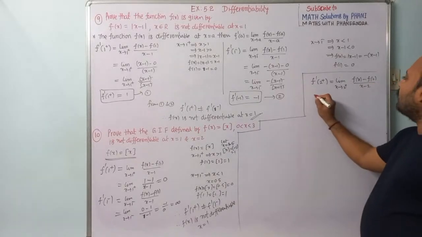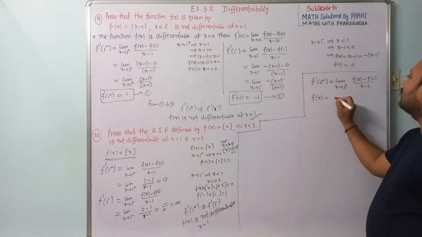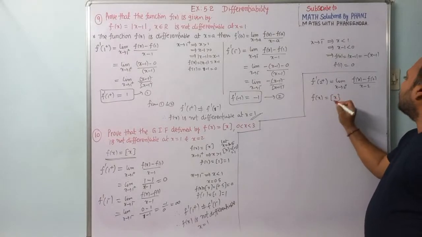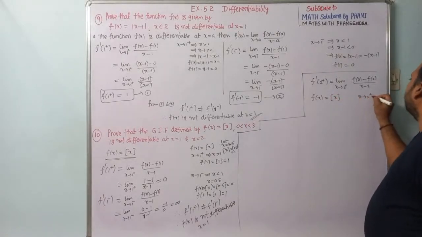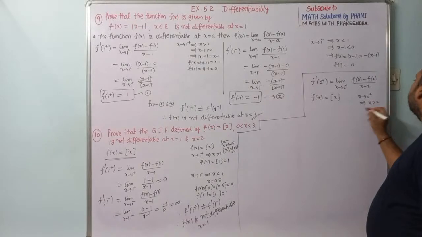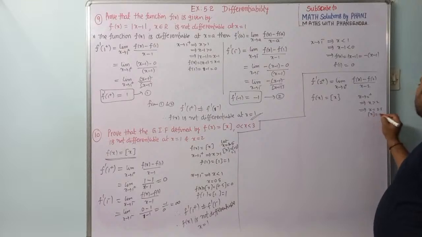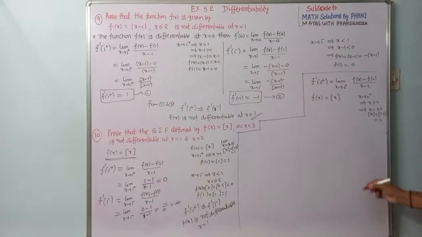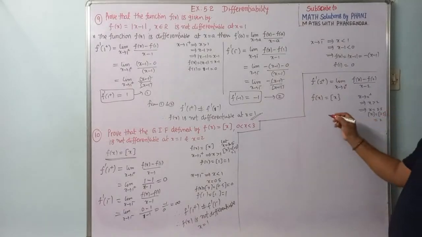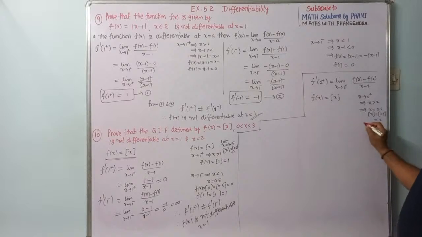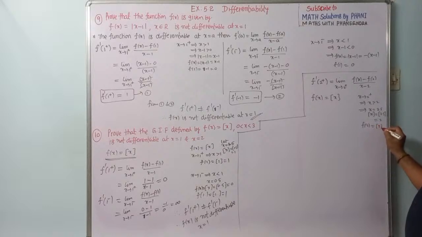So first what I am calculating is f of x value, step x. x tends to 2 plus, that implies x is greater than 2. x is greater than 2 means I am taking x value as 2.5. So step x is equal to step of 2.5, which is equal to 2. Okay. So now, similarly f of 2 value also we can calculate. f of 2 means step 2, that is equal to 2.